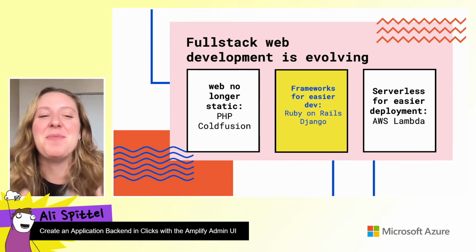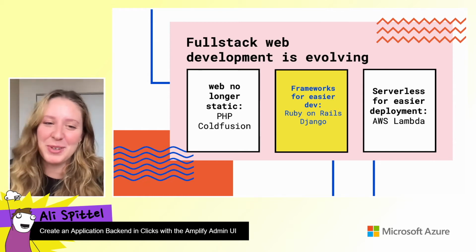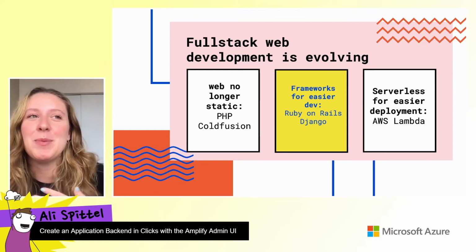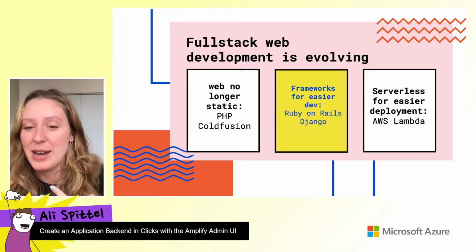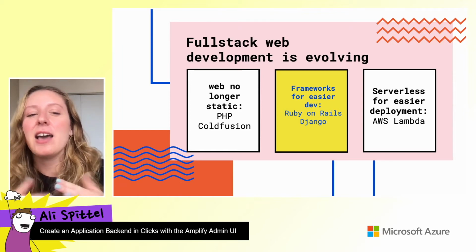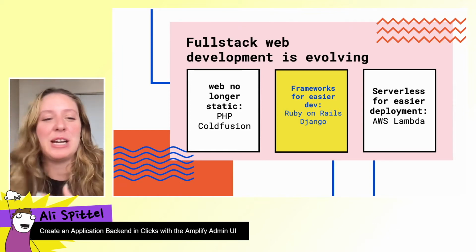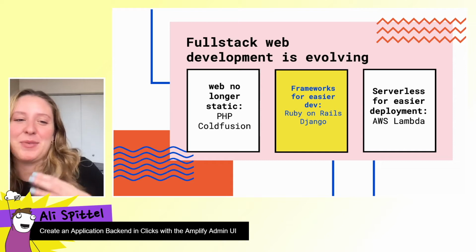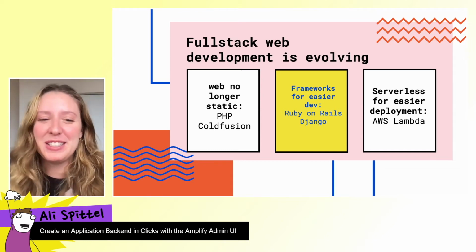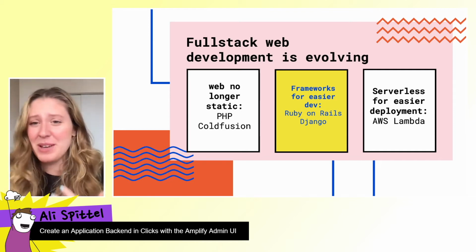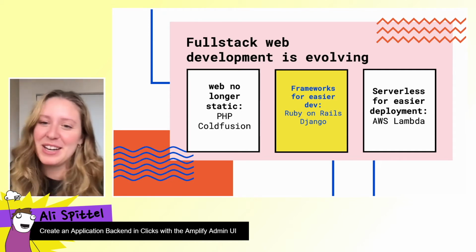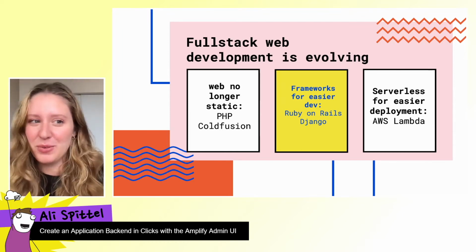You may remember in 2005, Ruby on Rails made this YouTube video on how to create a blog in 15 minutes. And that kind of brought on this era of framework development, where these frameworks made it easier to develop a full stack web app. Ruby on Rails and Django are two of my favorites. They write a lot of the code for you, though. You can do like Rails G migration, and it writes your code for you.